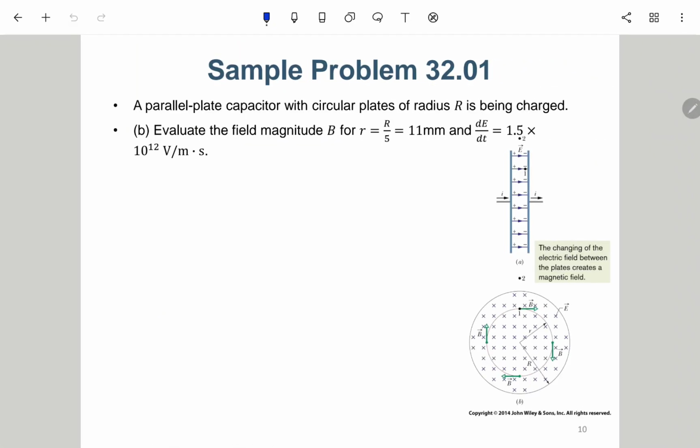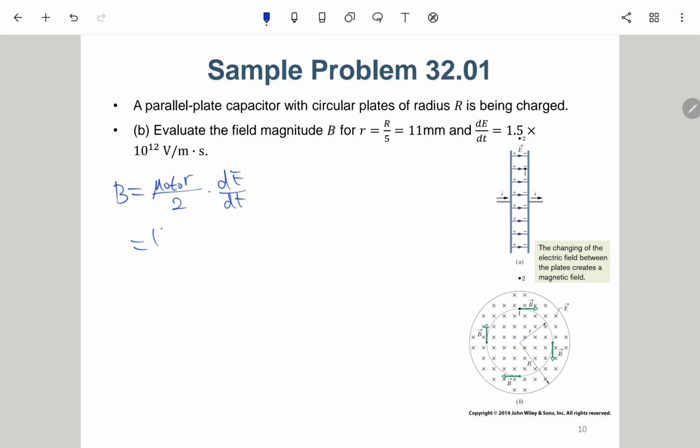And then for the second case, we try to evaluate the field magnitude B for r equals capital R over 5 and dE dt equal to this value. We just plug in the numbers. So B equals mu 0 epsilon naught r over 2 times dE dt.